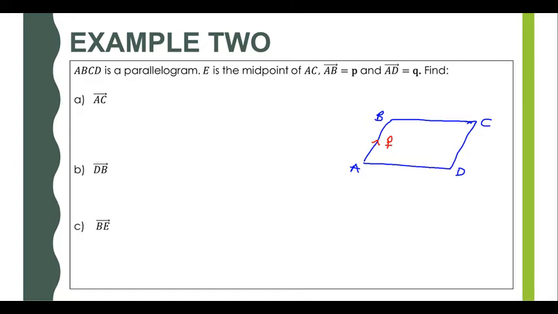And we're told that vector AD is equal to Q, which again I'm going to underline. This also means that BC must be Q, as it's the same length and parallel to AD, and that DC must equal P, as it's the same direction as AB and they are parallel.